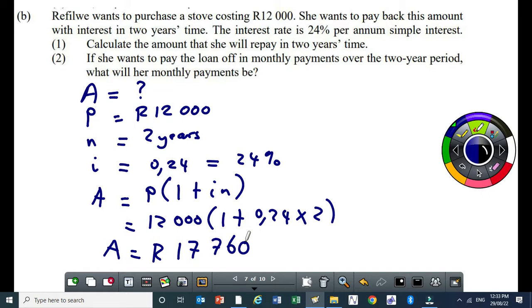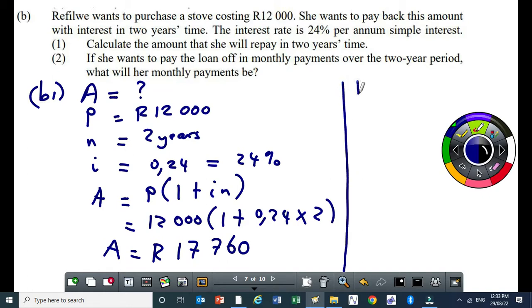Then the second question, this is B1, says if she wants to pay the loan off in monthly payments over the 2-year period, what will her monthly payments be?